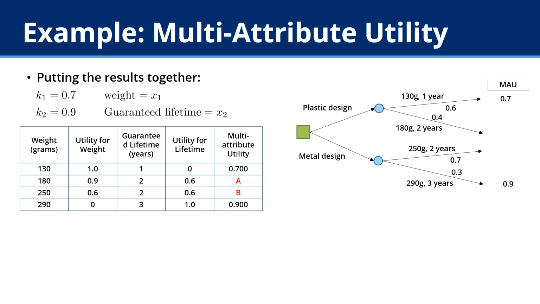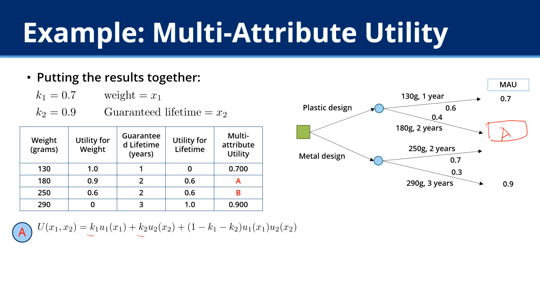We're going to figure out this value first, which we'll call A. We'll use this equation. We know the multi-attribute utility function looks like this. We already know what K1 is and what the K2 value is.